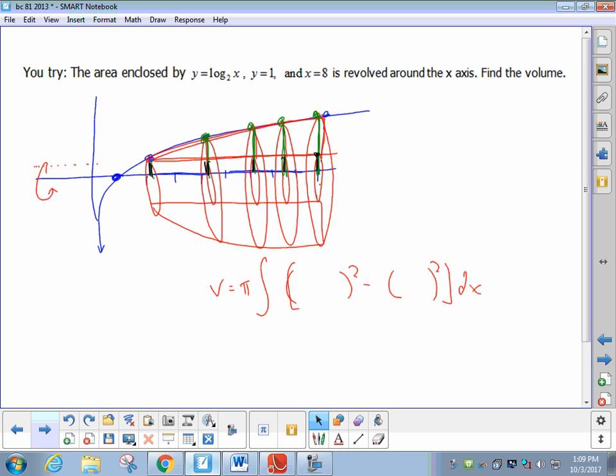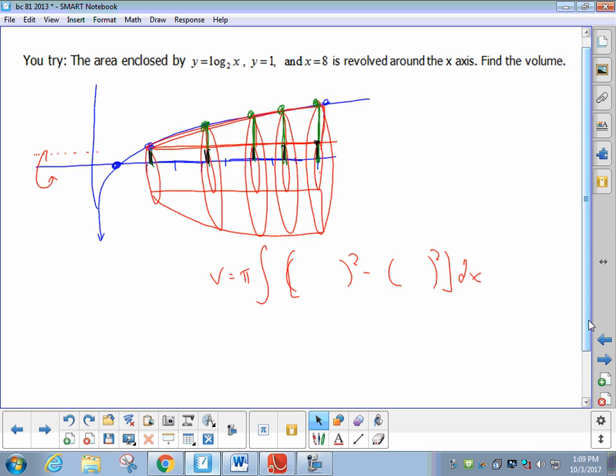All right. Let's compare our integral setups. I have my outer radius in green. Is it varying or constant? Varying. The outer radius seems to be connected to the curve in this case. So the outer radius is the curve log base 2 of x, that quantity squared.